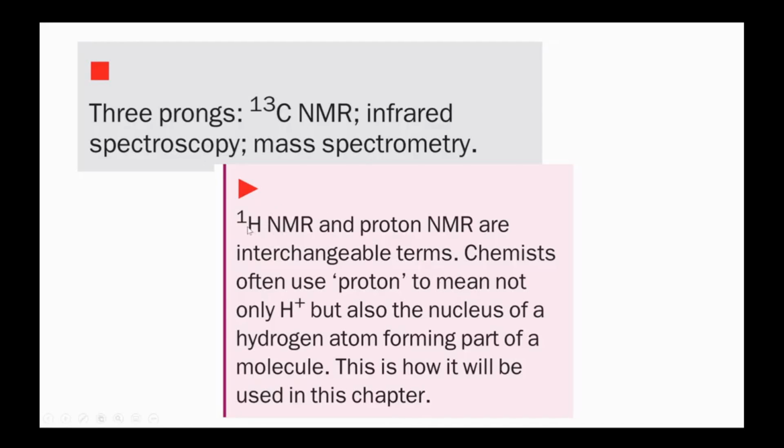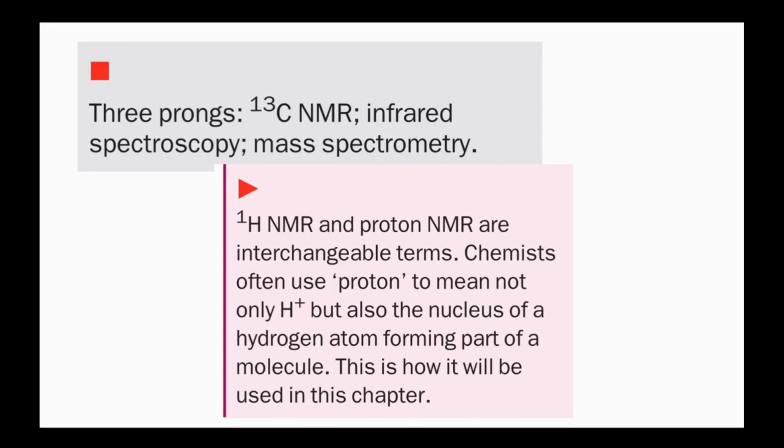Sometimes people write H NMR, and sometimes people write Proton NMR. They are the same thing. Chemists often use proton to mean not only H plus but also the nucleus of a hydrogen atom forming part of a molecule. As you know, hydrogen contains one proton, that's why it's called proton, or sometimes it's called 1H NMR, and 1 indicates the atomic number of hydrogen, or the number of protons present in the hydrogen, and it's only one proton.